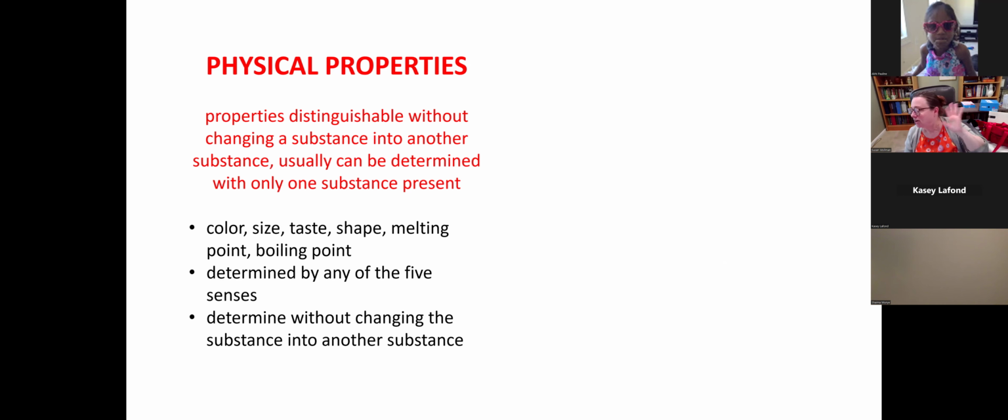Can I see it? Can I hear it? What does it smell like? What does it taste like? What does it feel like? What is its texture? Usually any of our five senses can detect a physical property. In order to determine that property, we don't have to turn that object into anything else. It's itself. We can just look at that object all by itself.